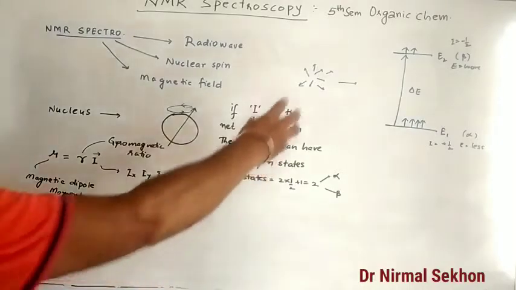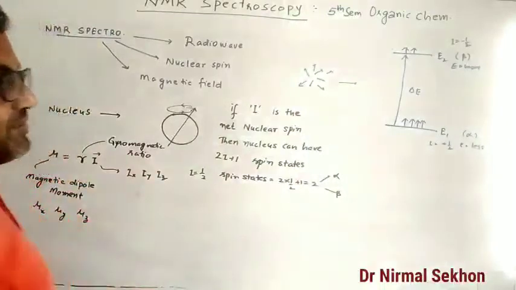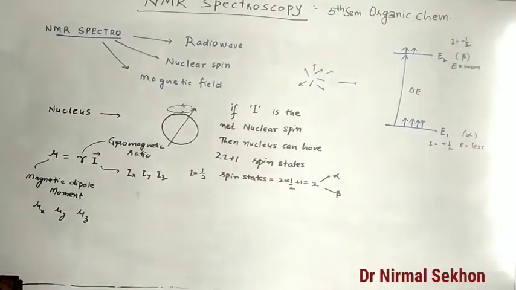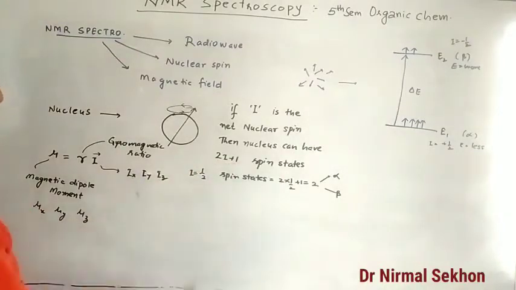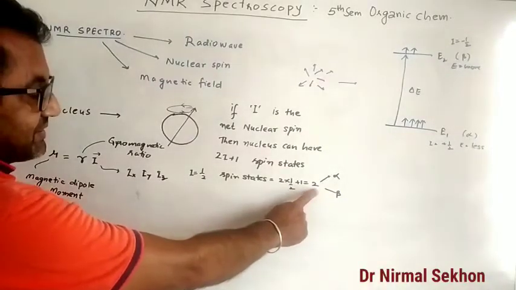So why do these randomly distributed magnetic moments, these tiny bar magnets, arrange themselves into only 2 alignments? The reason is that we calculate the spin states by using 2I plus 1, where I is the spin. If it is half, you put in the value and you get 2 spin states.